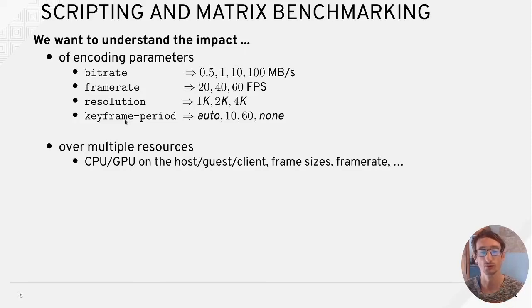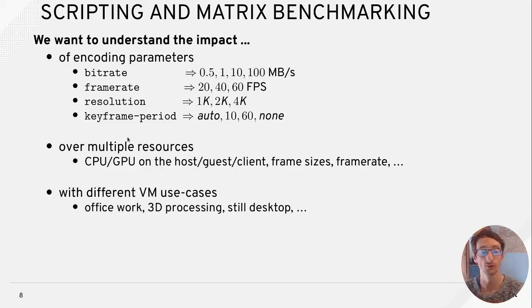And we want to study the impact of these parameters over multiple resources: the GPU and CPU consumption on the different systems, the size of the frames, the frame rate we're able to deliver, etc. And we want to see this impact over multiple use cases of the VM: for office work, for 3D processing, with a still desktop.